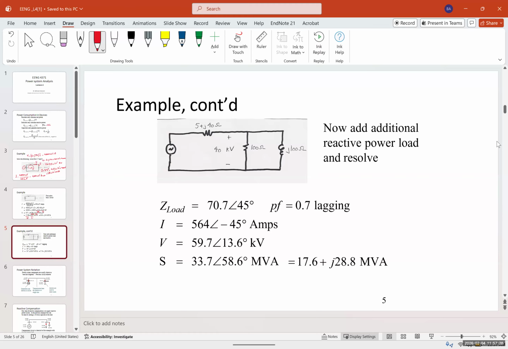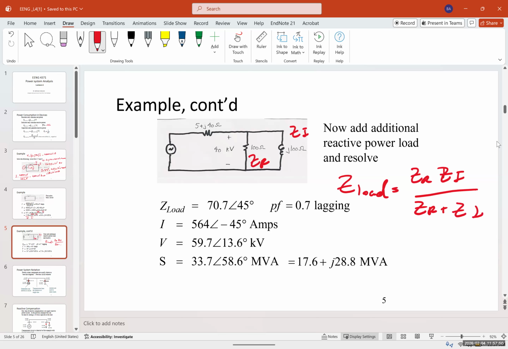To avoid confusion, I'm going to show the Z of the inductance with ZL and the Z of the resistor with ZR. So it's going to be ZR times ZL over ZR plus ZL. And by the way, this is the line and this is our load.